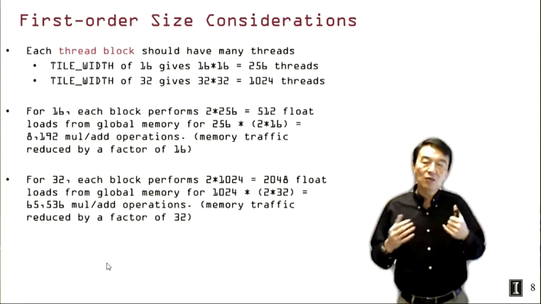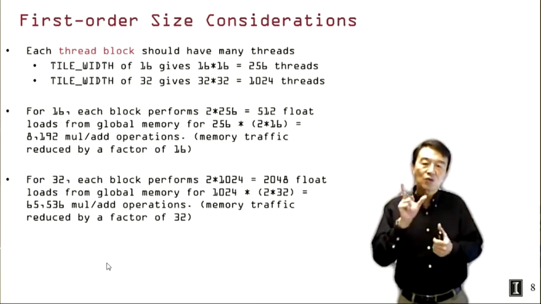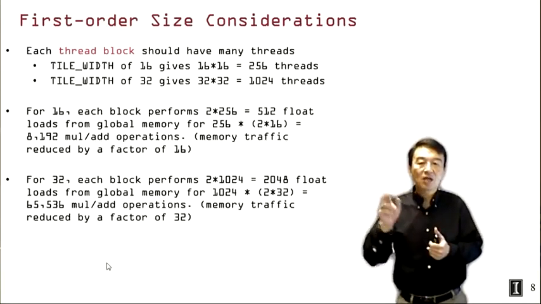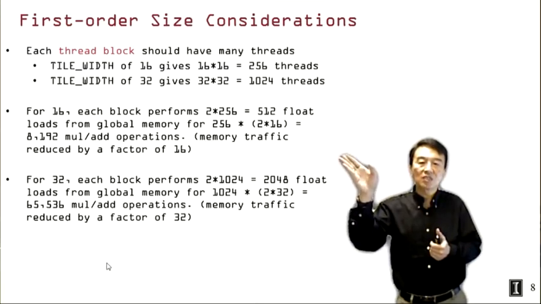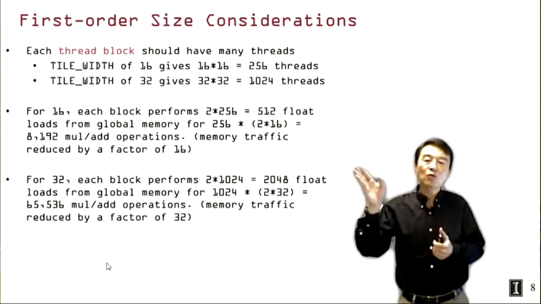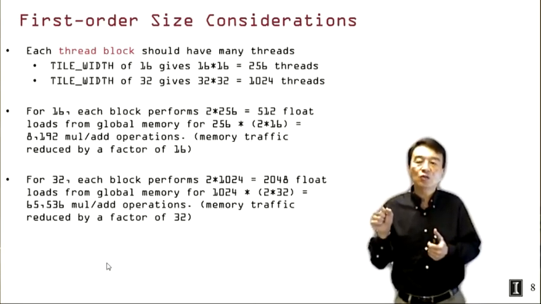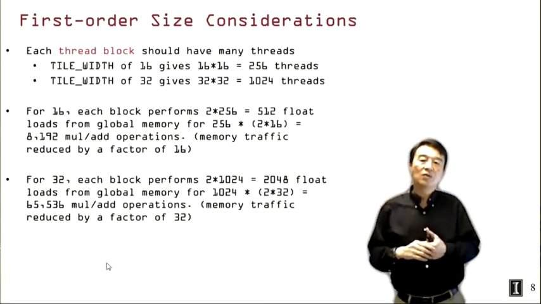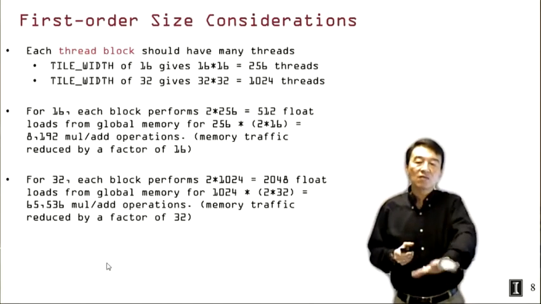And once we have loaded all these elements into the shared memory, remember, every thread is going to be doing a segment of the dot product, which is 16 multiplications and 16 adds. So that gives us 2 times 16 floating point operations. And we have 256 threads. So this gives us a total of 256 times 2 times 16, which equals 8,192 floating point operations.